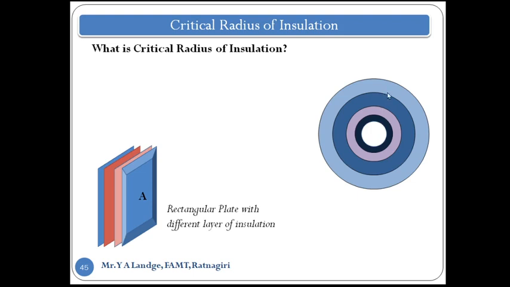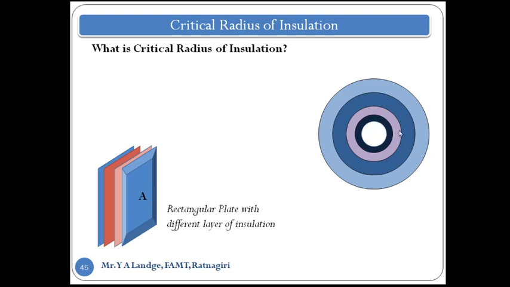Let's consider the second circle, which has the critical radius. If I wrap the insulating material from the center up to this point, the value of Q continuously increases, but after that it decreases. It means that after this point, if I put on insulation material, I reduce the heat losses.